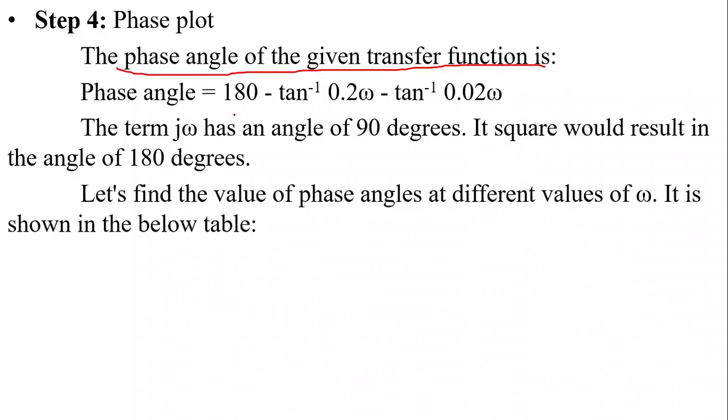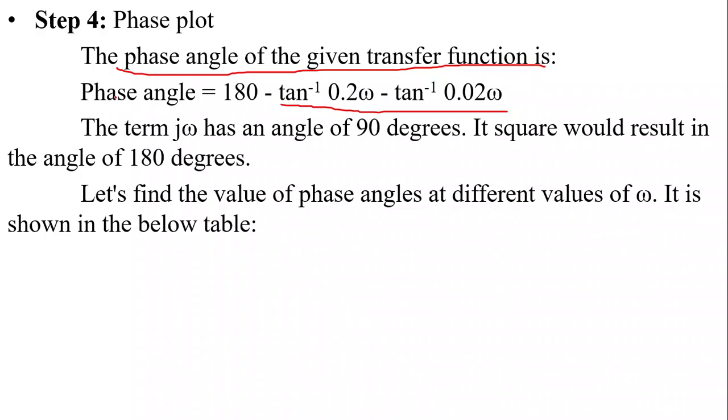In the numerator we have omega square, so generally j omega is 90 degree, and we have j omega square in the numerator, so we have 180 degree. Then minus, in the denominator we have one pole at 0.2 omega and another pole at 0.02 omega. That's why we can write it like this.